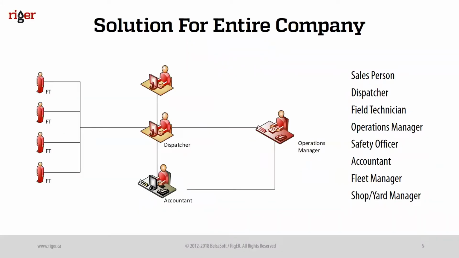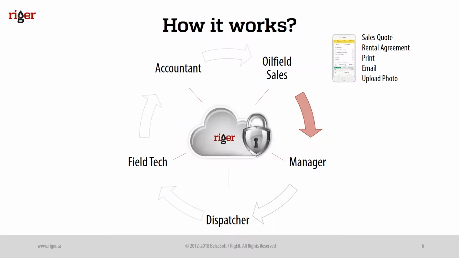So RigER is an application for the entire company and connects the different roles together from field and office: dispatcher, accountant, operations managers, field technicians. Everyone works in one system, and it gives us an opportunity to speed up the process. So first of all, how it works.